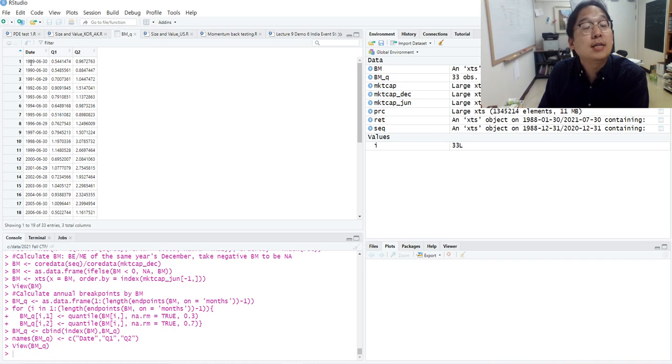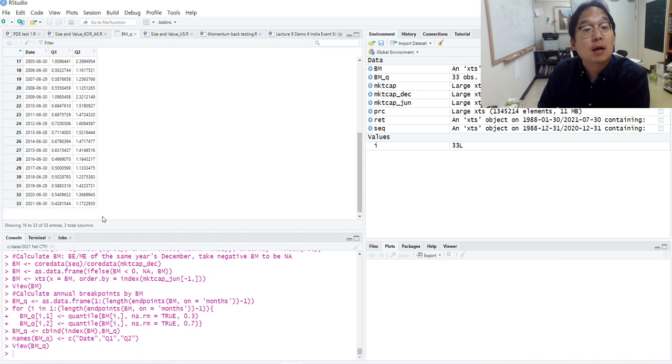So as of June 1989, the top 30 percentile breakpoint is 0.97-ish over here, and then the bottom 30 percentile of book to market is like 0.54. How about the most recent one?